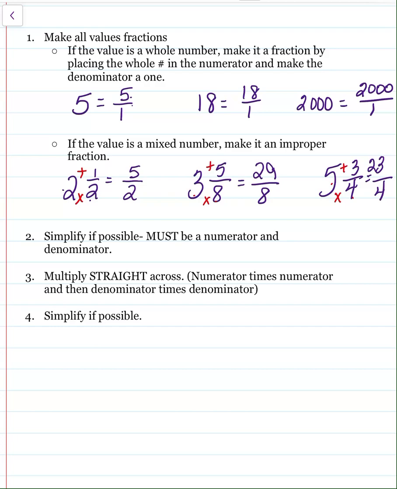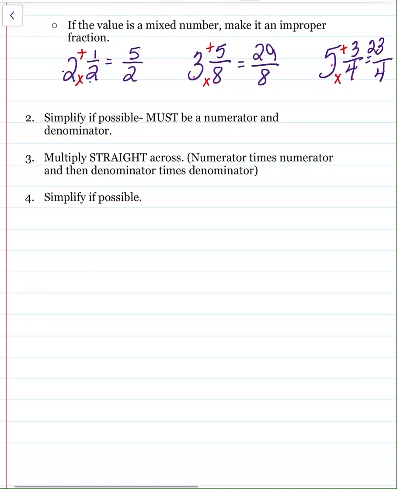Okay, our second step is we want to simplify if possible. Whenever you simplify, you must simplify a numerator and a denominator. You cannot simplify numerator, numerator, and denominator, denominator. You have to simplify a numerator and a denominator. After you simplify, you multiply straight across, numerator times numerator, and then denominator times denominator.